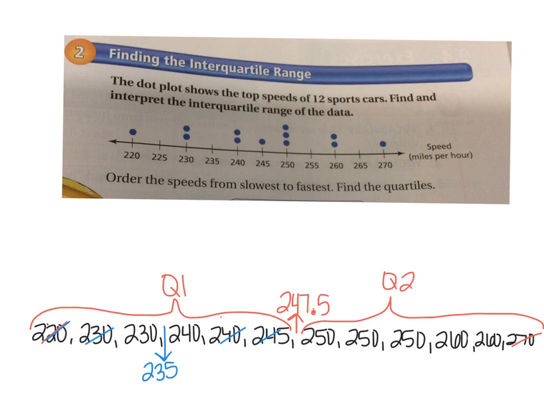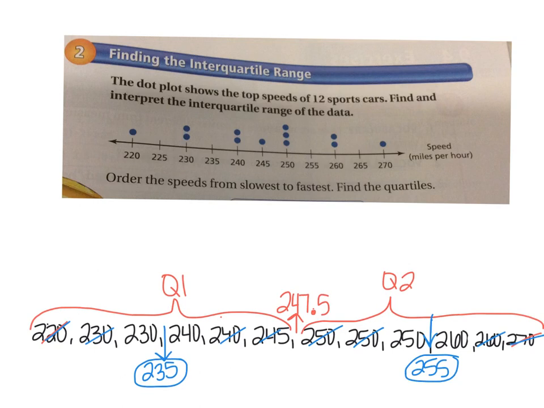I'll do the same thing with my upper half. So I take one off the front, take one off the back, take one off the front, take one off the back. Halfway between 250 and 260 would be 255. So the median of my second quartile is 255. Median of my first quartile is 235.